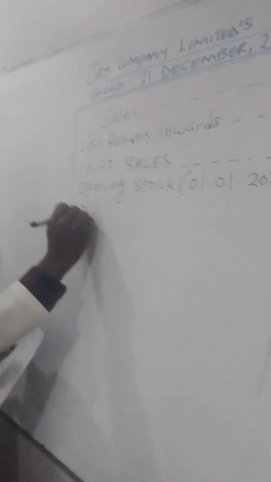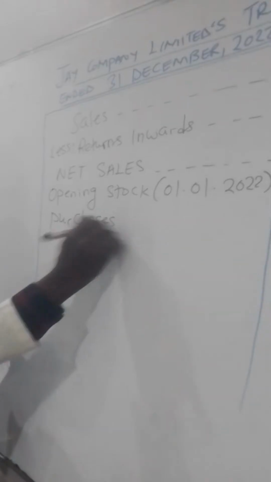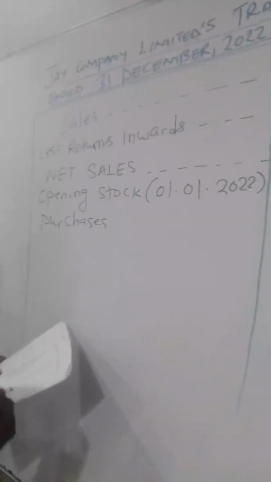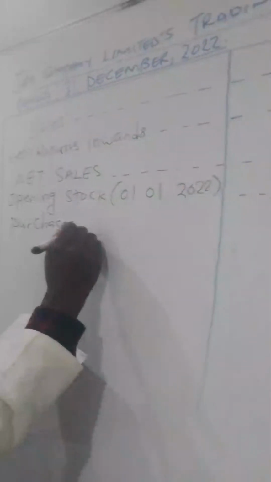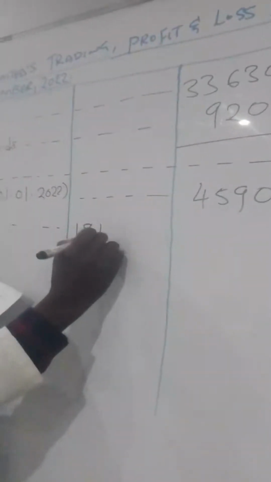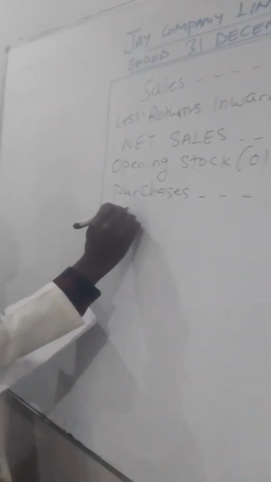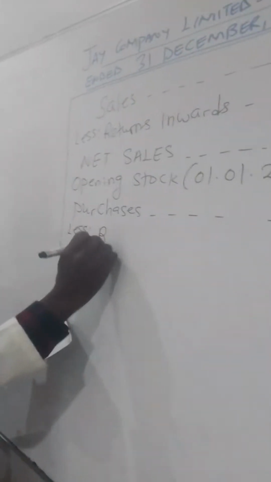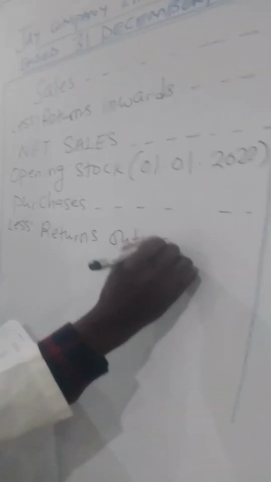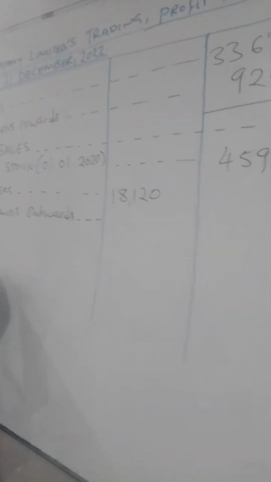And then now we say purchases. Okay. So the purchases means what we bought, and this is going to be 18,120. Then I'm going to say less returns outward, which is 1,110.